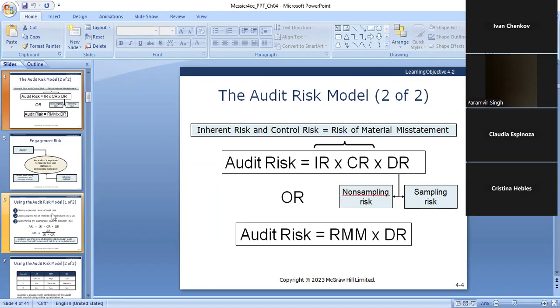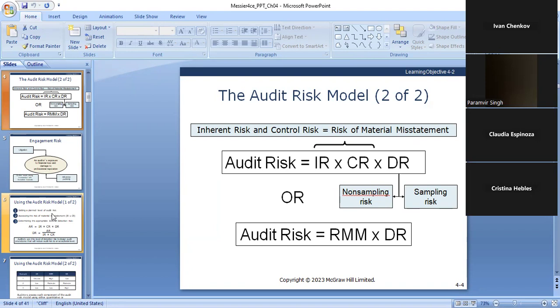So if the first two risks are low, we don't have to spend too much time on the detection risk, because the detection risk is the one that the auditor actually assesses and applies, and if the first two are low, the detection risk can be a little bit higher. That's acceptable.